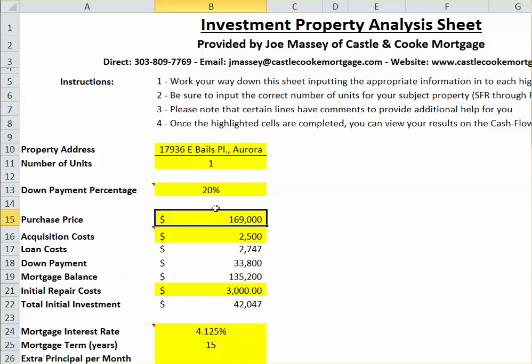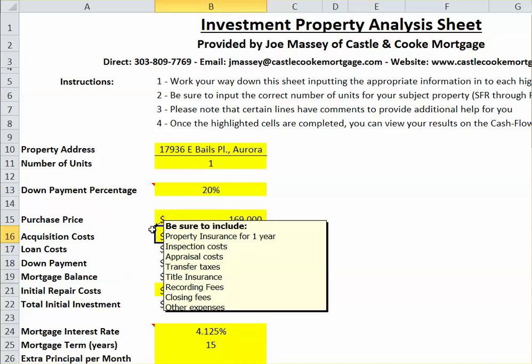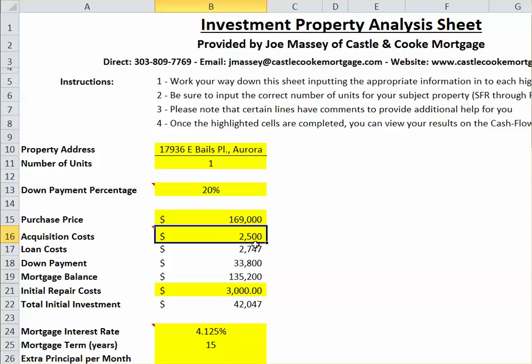He paid $169,000 for it. His acquisition costs, which are shown here as things like property insurance, inspection costs, appraisal costs, transfer taxes, all the cost it took him to acquire the property came up to about $2,500.